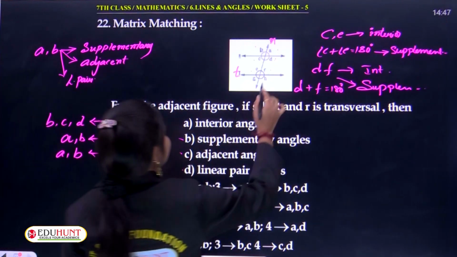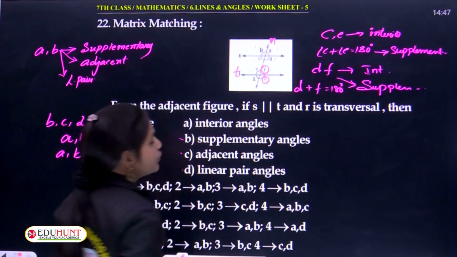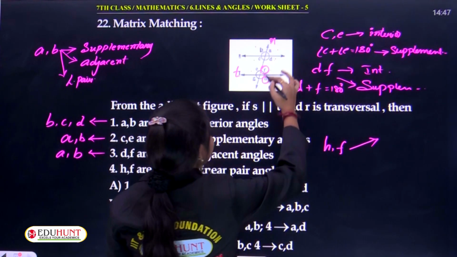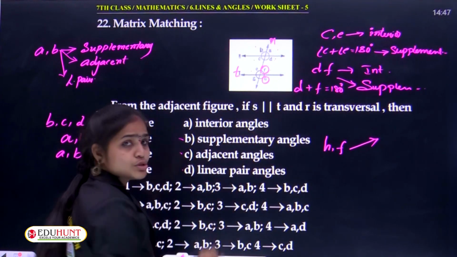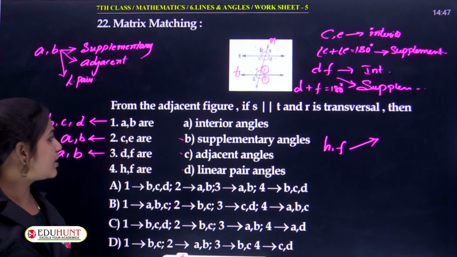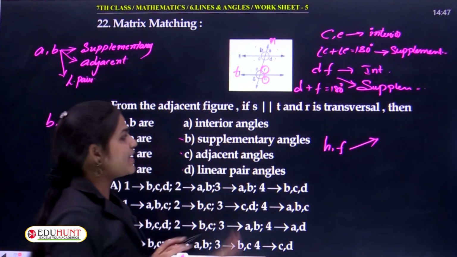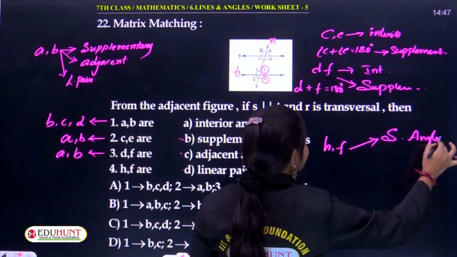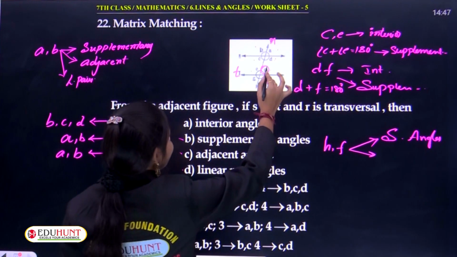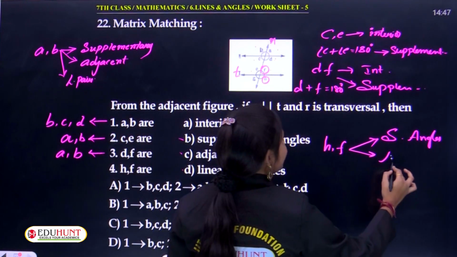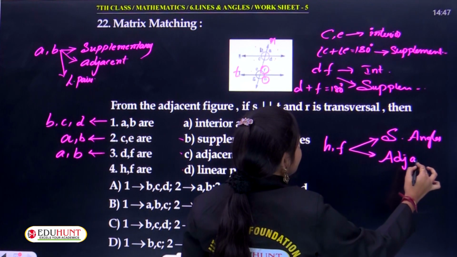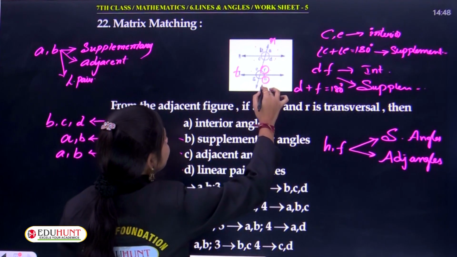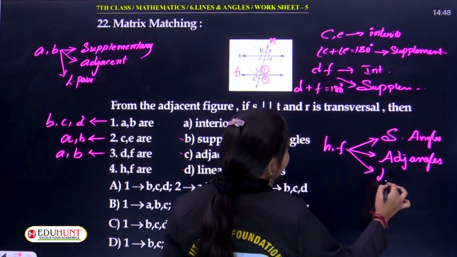Next one, H and F. What will we call H and F here? Those two are interior angles? No, those two are not interior angles, and those two are supplementary angles. Yes, supplementary angles. Next, H and F are adjacent angles also. And in the same way, H and F form a linear pair also.